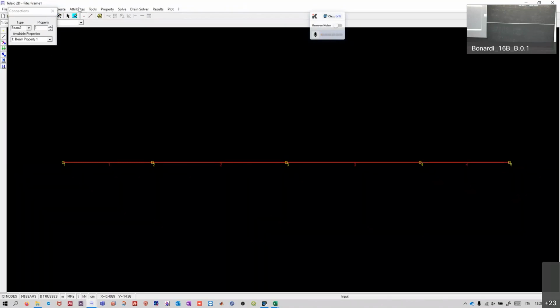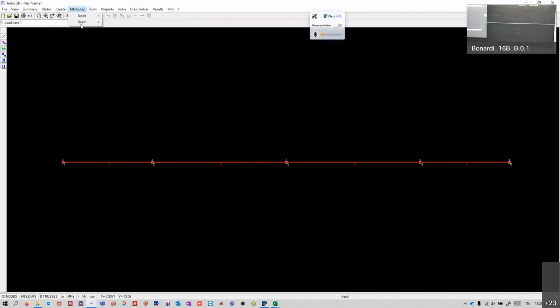Then we need the restraints, so attribute node restrain. Node 1, we restrain both the horizontal and the vertical displacement. And then we select all the other ones, and we end up with vertical supports.